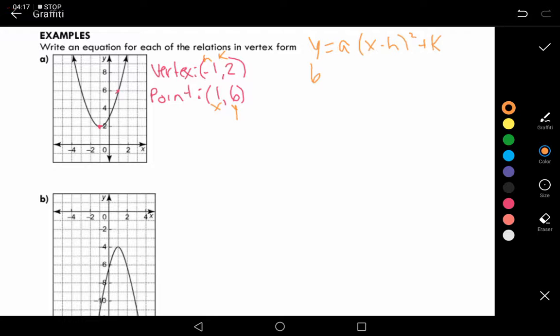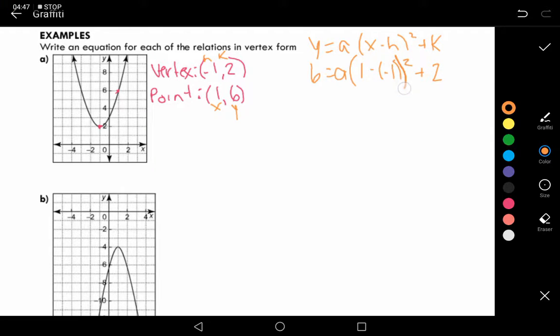The -1 is h, 2 is k, 1 is x, 6 is y. And we're just replacing those variables. So a we don't have anything for, so I'm going to leave it as the variable a. We know that x is 1 minus h, which is -1, so minus -1 squared plus 2, right? Our k value is 2.